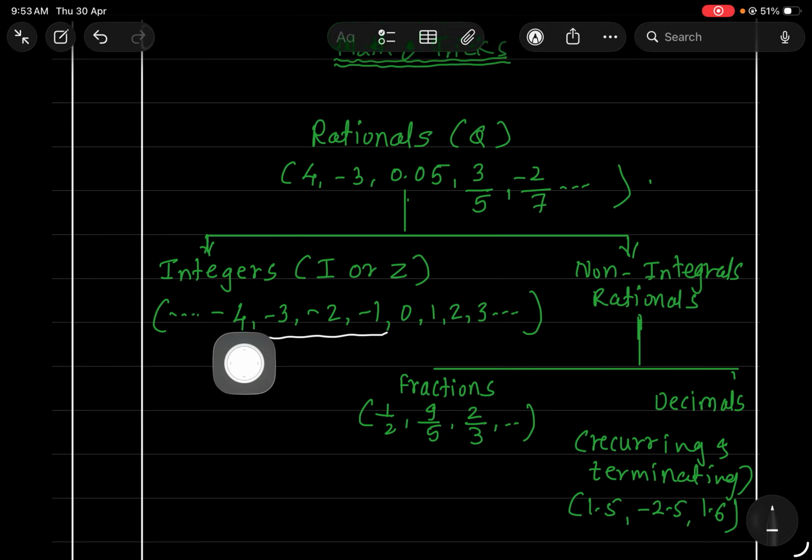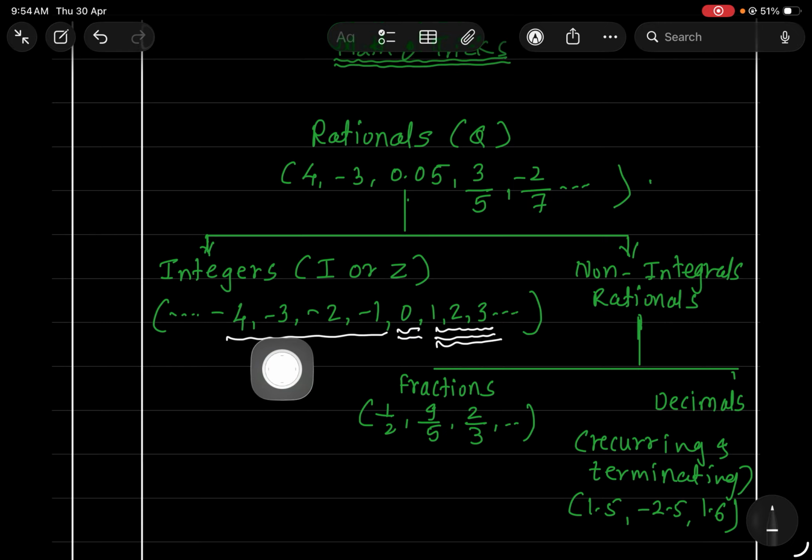I have started from here, minus 4, minus 3, the negative numbers. Then 0 comes, including 0, and from this side come the positive numbers. So integers means the negative numbers, 0 and positive numbers, all of these together are called integers.